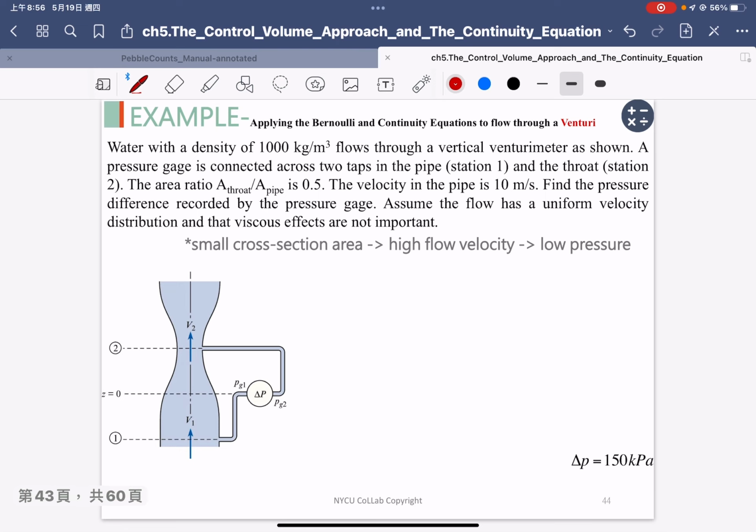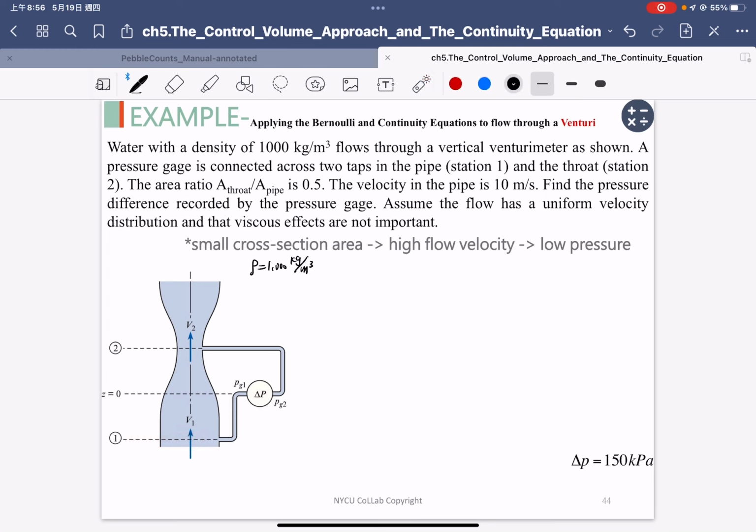Okay, so this is another exercise. We know that the water with the density of 1,000 kilograms per cubic meter flows through a vertical Venturi meter as shown. A pressure gauge is connected to the pipe, and it can measure the pressure difference between section 1 and section 2.